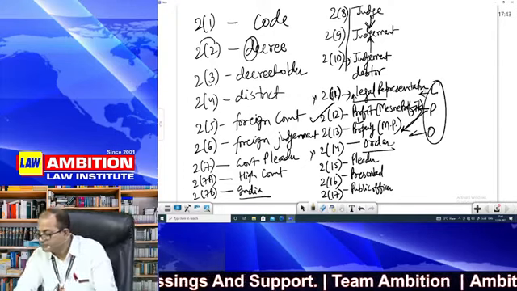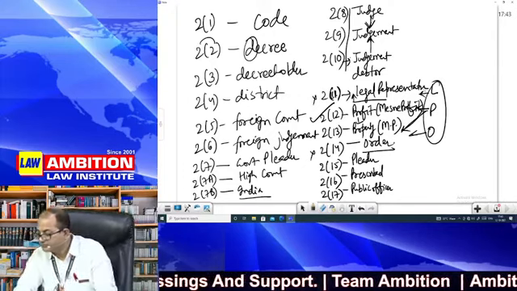Rules, shares in corporation and signed. But read them carefully what it says. Signed means stamped also. So be careful about this.